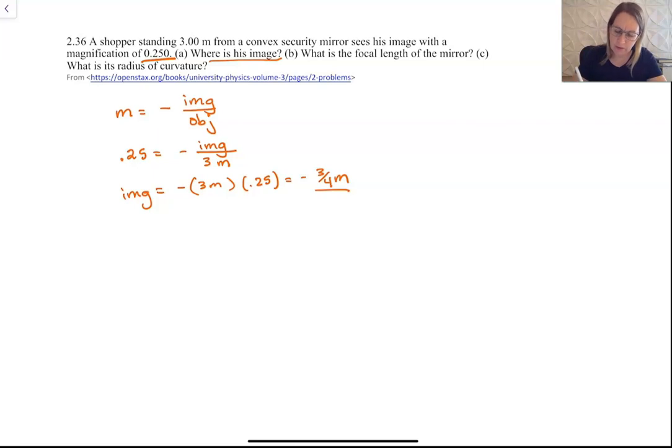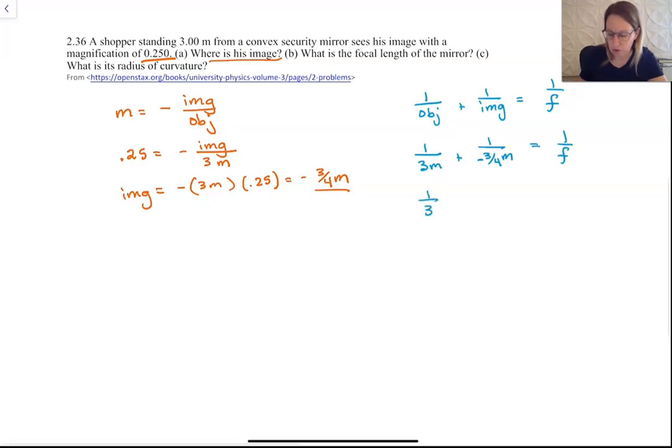And then the focal length of the mirror, we're going to do the same thing we did before. 1 over object plus 1 over image is equal to 1 over the focal length. This time we're working in meters, so 1 over the object is 3 meters plus 1 over 3, a -3/4 meters equals 1 over the focal length, so this is 1 over 3 minus 4 over 3 is equal to 1 over the focal length.